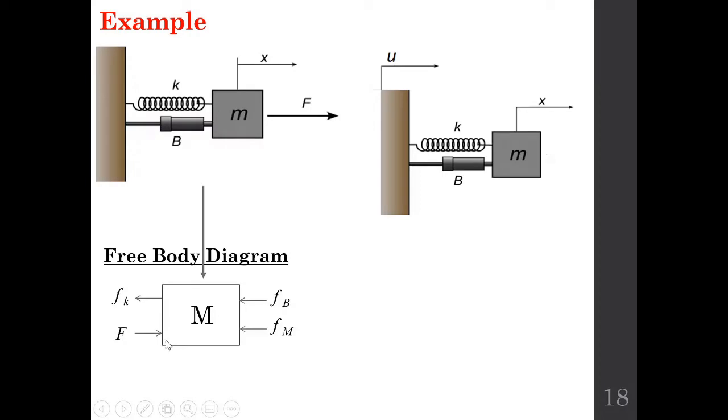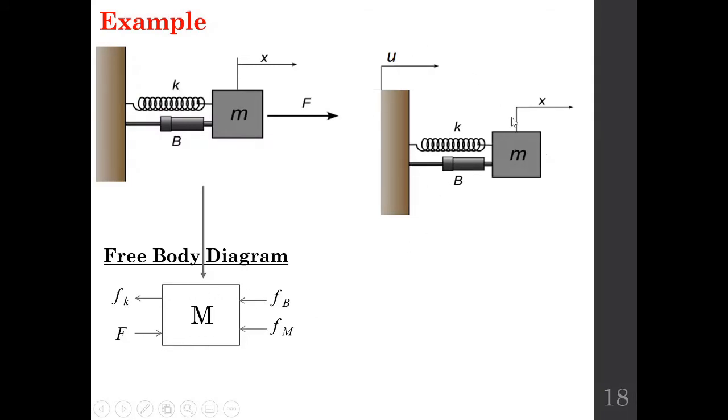We have the applied force in this direction, then all the other forces will act in the opposite direction, as you can see here. So this is the opposing force due to the spring, then due to the dashpot, and then the inertial force of the body. So there are three opposing forces acting on this body.